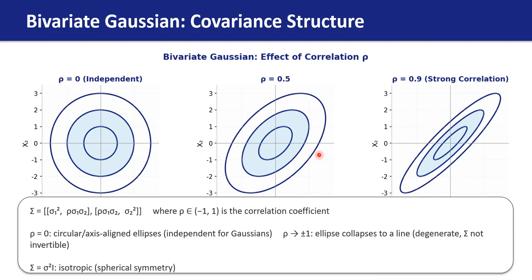This happens in real data when two features are perfectly correlated. It causes problems for algorithms that need sigma inverse. When sigma equals sigma squared times the identity matrix, we have a round Gaussian. It looks the same in every direction, like a sphere or a circle.